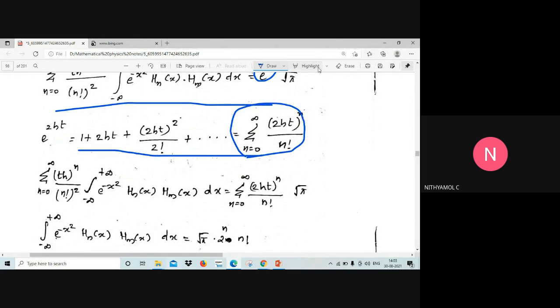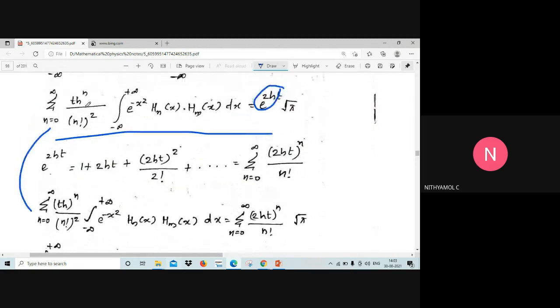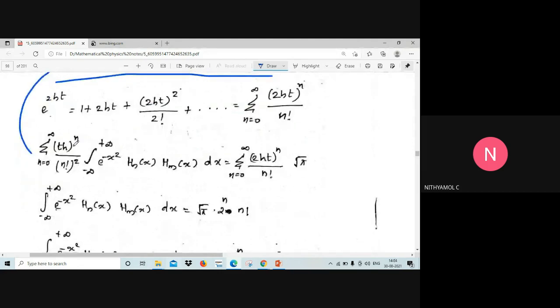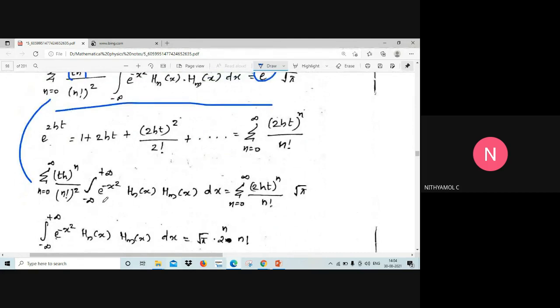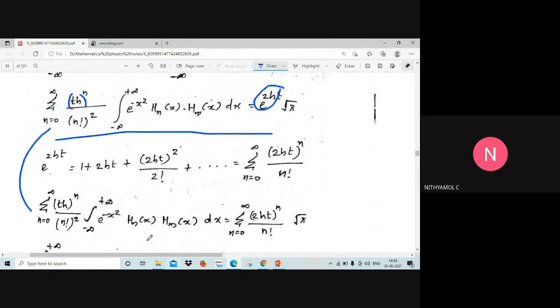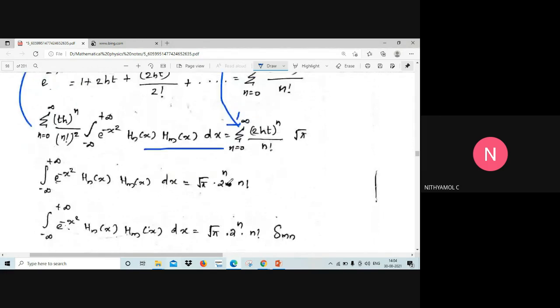Then this equation becomes summation over n is equal to 0 to infinity (th) raised to n by n factorial square integral minus infinity to infinity e raised to minus x square hn x hm x dx equal to, instead of e raised to 2ht, I substitute this one into root pi.